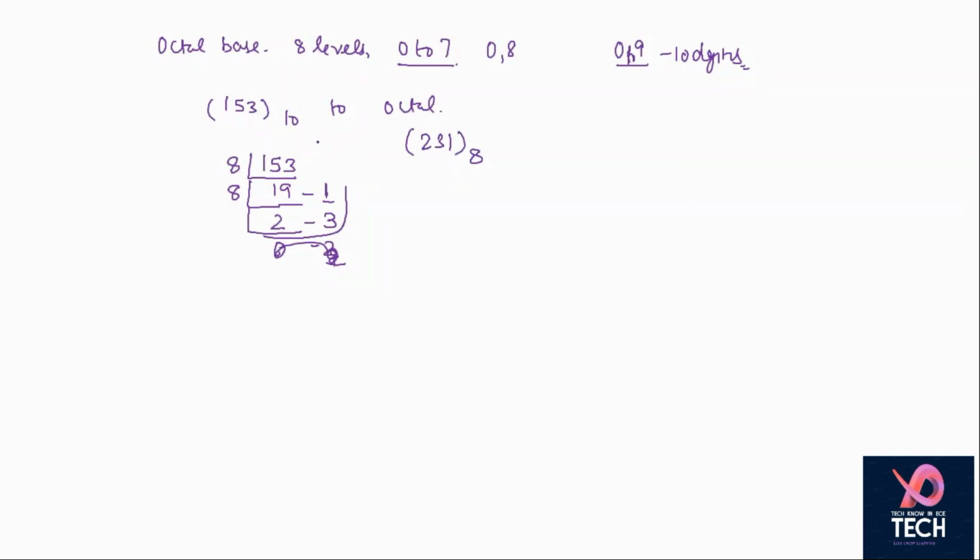There are certain other procedures by which this can be done. First, you can convert this into binary, and then for 3 binaries, you convert into octal by selecting 3 bits at a time. But that comes with a little practice. So we will discuss about that later on.